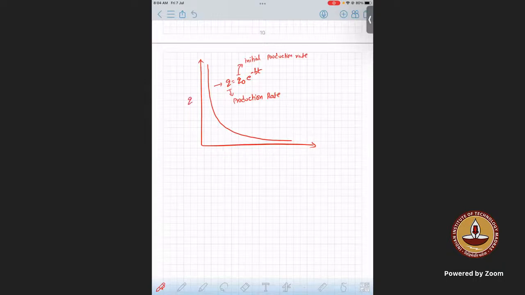This graph is between q and t, where t is time.